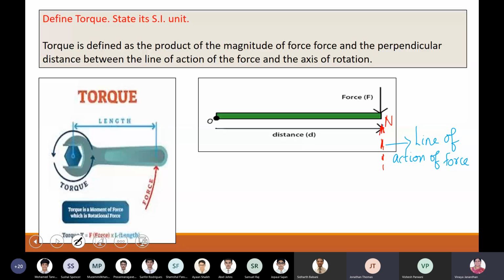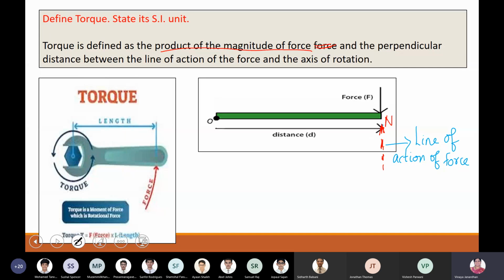It is measured by mass into acceleration. Same way, how do you measure your torque? It is a product of the magnitude of the force and the perpendicular distance between the line of action of force and the axis of rotation.